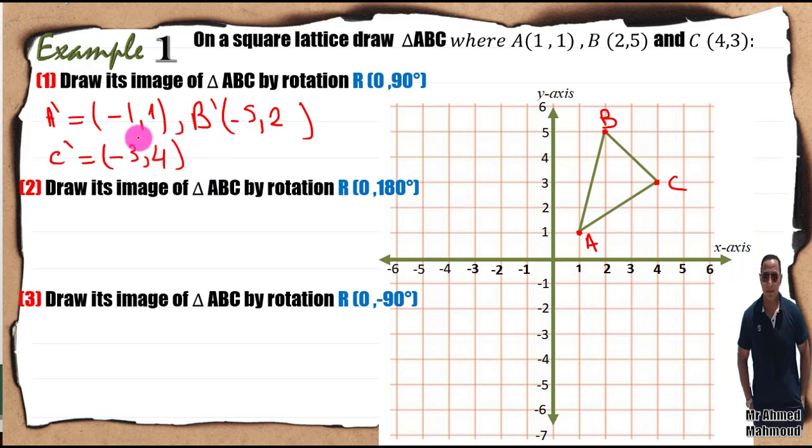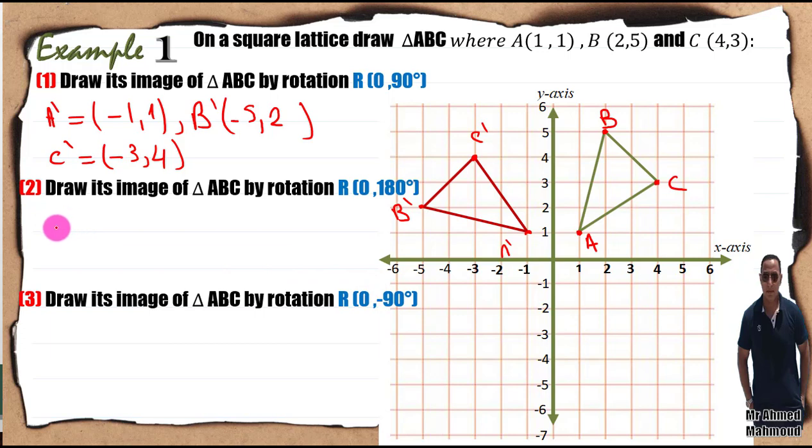Then I'm going to connect the points here, negative 1, 1, negative 5, 2, negative 3, 4. This is A dash, this is C dash, this is B dash. Now I'm going to connect the points like this.